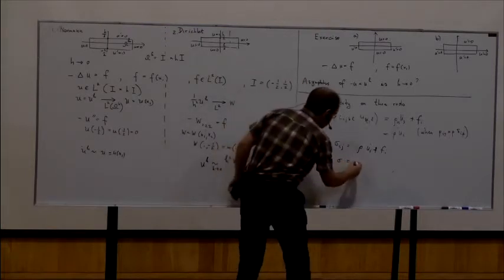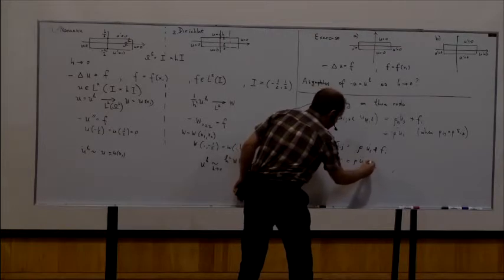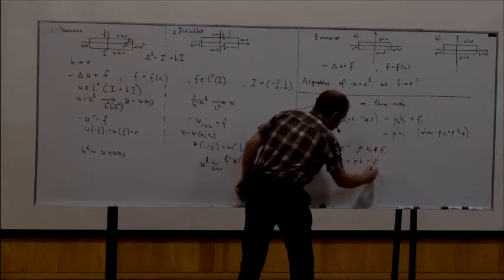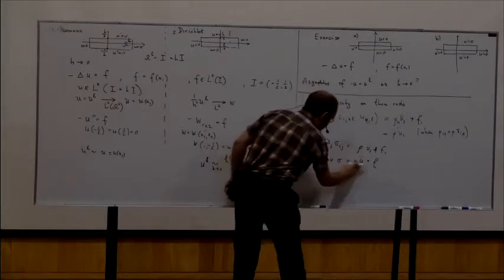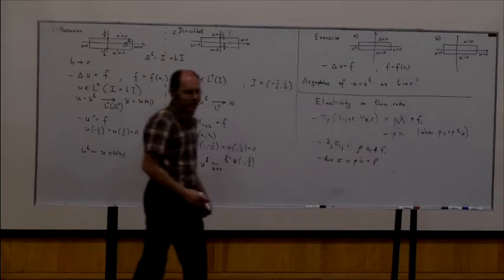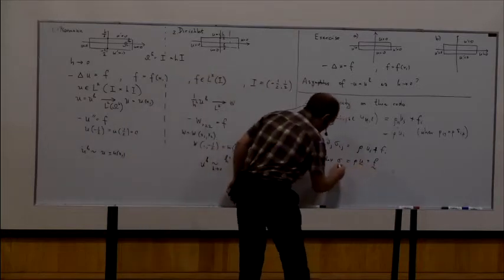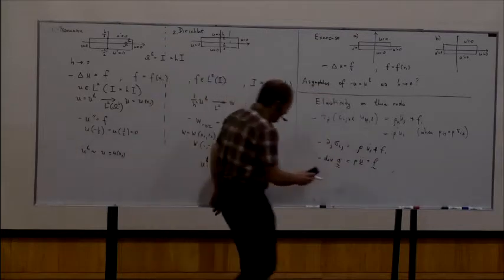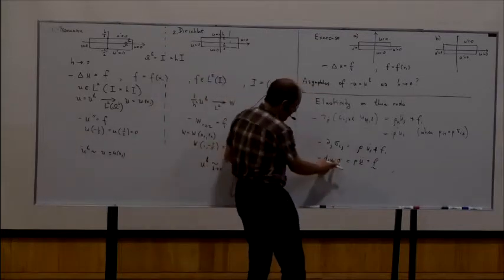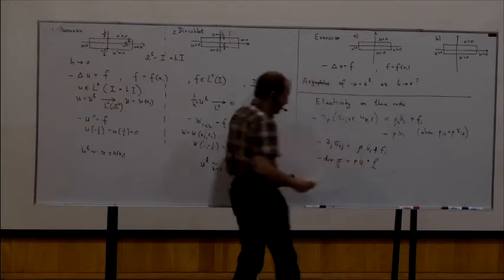And this is rho u double dot plus f. So this is a vector equation now. Well, maybe I shouldn't use this as a mathematician. Engineers often use this notation. I find it unnecessary, right? So this is to underline the fact that this is a matrix, this is a vector, and this is a vector.